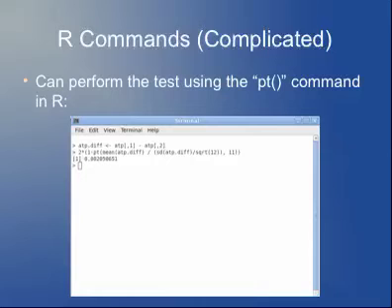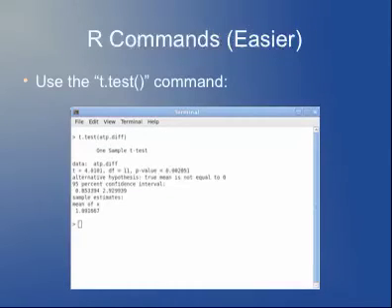In practice, there's other commands that are easier to use. For example, the command t.test that Erica discussed on Monday, recall if you just say t.test without giving it any parameters, it will give you a test of the null hypothesis that the input vector is equal to 0.